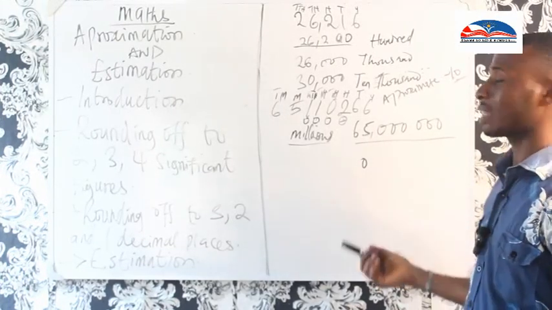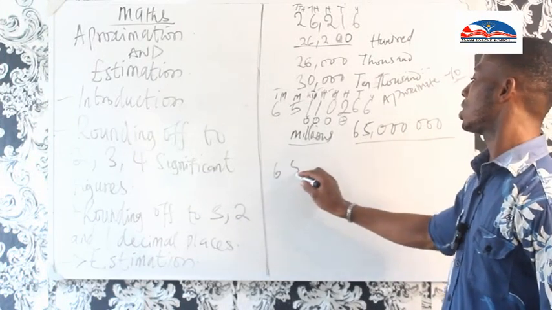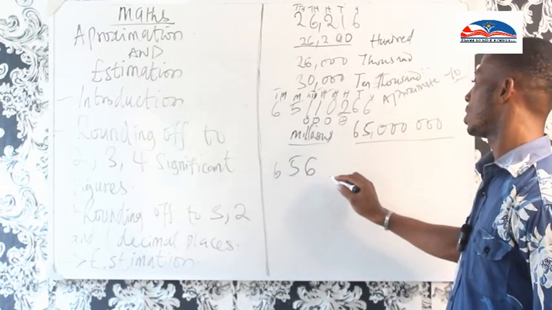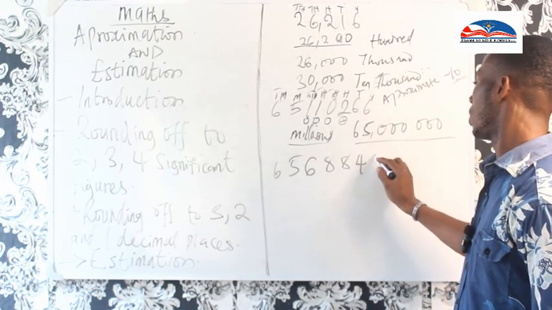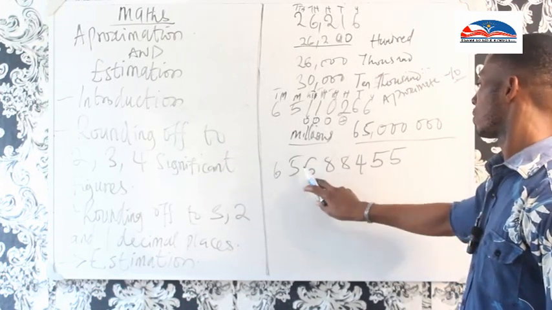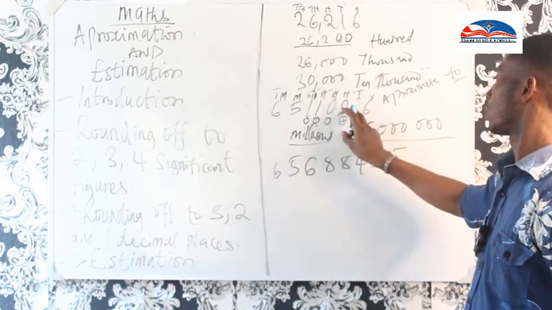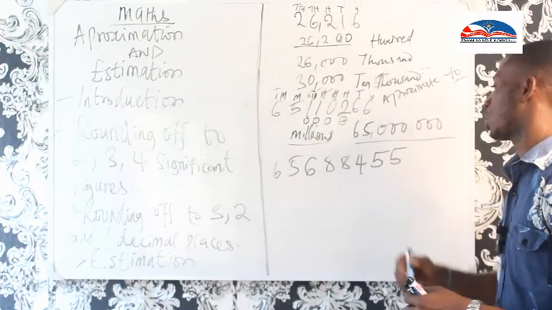Now if we have greater numbers, like let's see, 6, 5, 6, 8, 8, 4, 5, 5. Okay, let's have this number now.